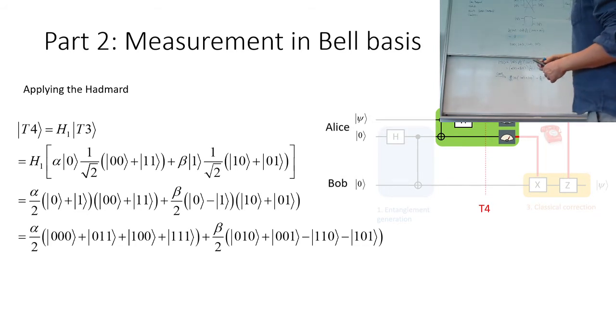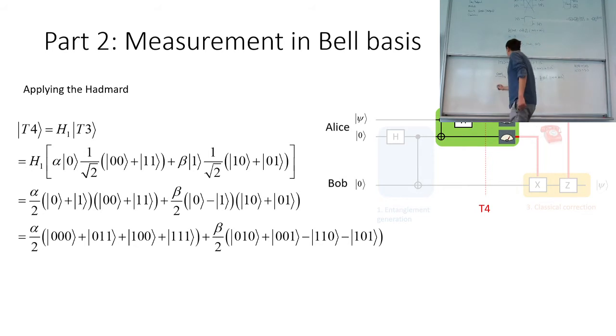If you remember what the Hadamard gate actually does, it turns 0 into plus and 1 into minus. So let's do that operation, Hadamard on 1. That's easy, we just follow that rule. So we've got that plus, same thing, and over here it's minus, and same thing.